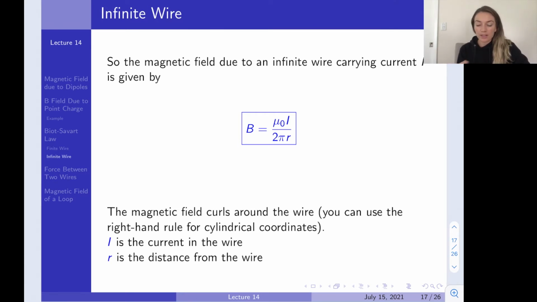Now, for a current carrying wire, we can use a slightly modified right-hand rule to figure out what direction the magnetic field is going in. For an infinite current carrying wire, the magnetic field curls around the wire, and we'll see this also next time. Our last Maxwell's equation tells us this.